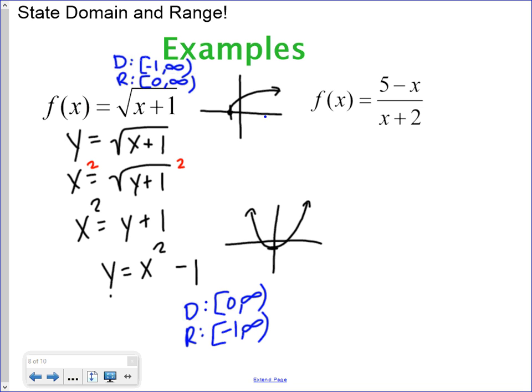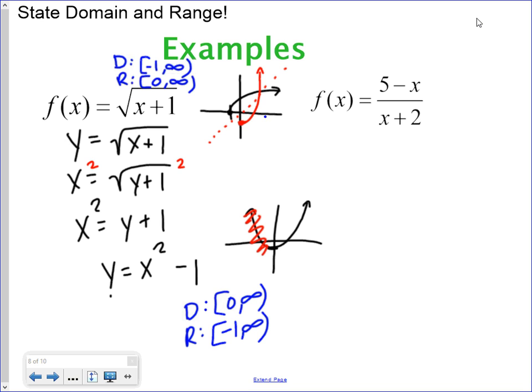So this should really be restricted so that x is 0 or anything greater. Think about that on this picture. That would be this part of the parabola. Is that a reflection over the line y equals x? Yes, it is. It reflects onto itself.